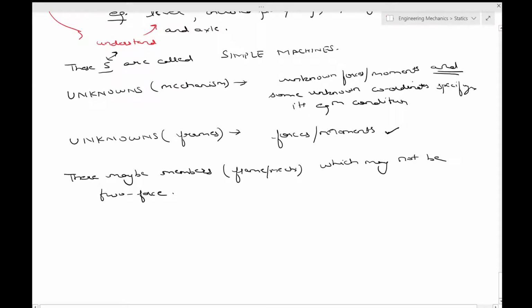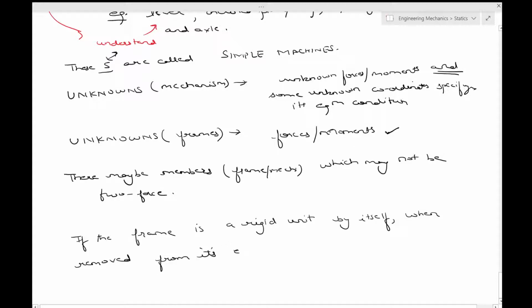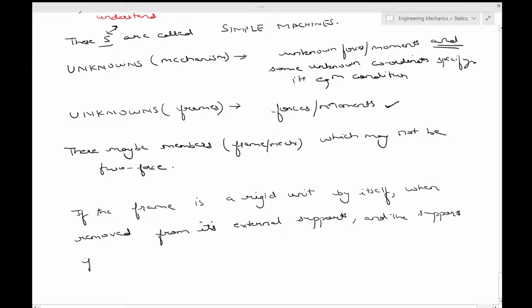So one of the situations you may meet is if the frame is a rigid unit by itself, when removed from its external supports, and the supports provide 6 equilibrium equations.